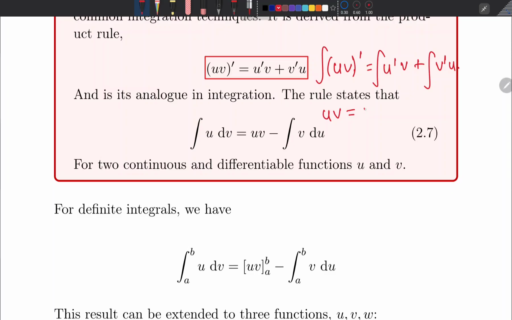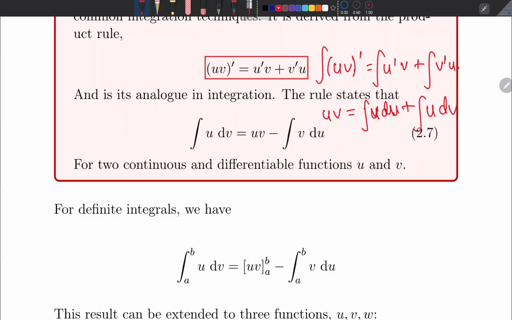Okay, so this is going to be the integral of v du, and plus the integral of u dv.